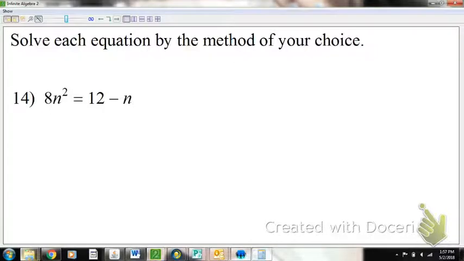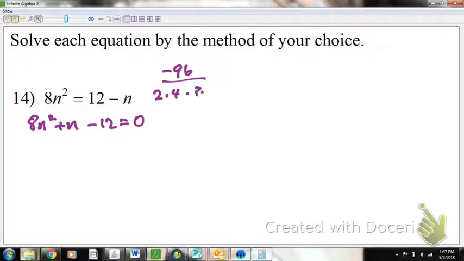This next example, again, I'm going to set it equal to 0 because I want to see if I can factor it. If I can factor it quickly and easily, that's the best way to do it. So 8 times negative 12 is negative 96. Let's see, 8 and 12 is 2 and 4 and 3 and 4.